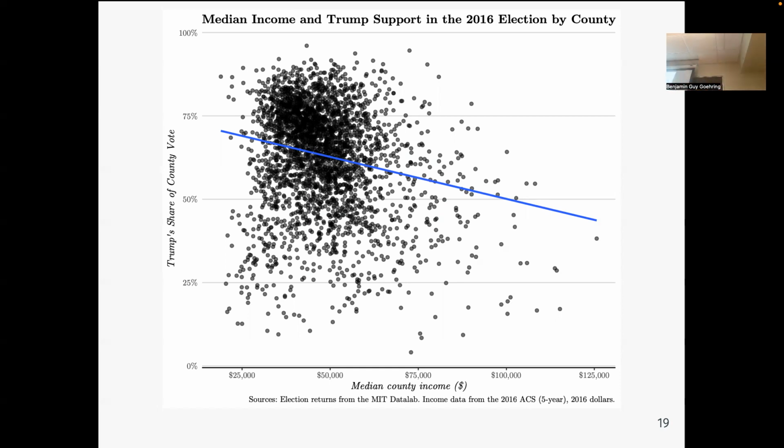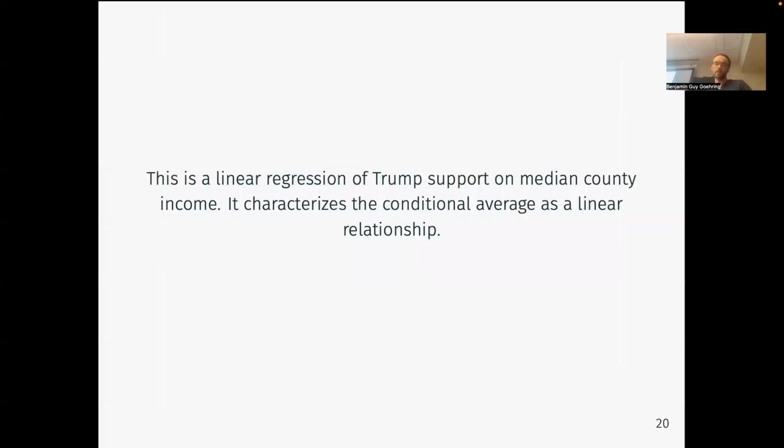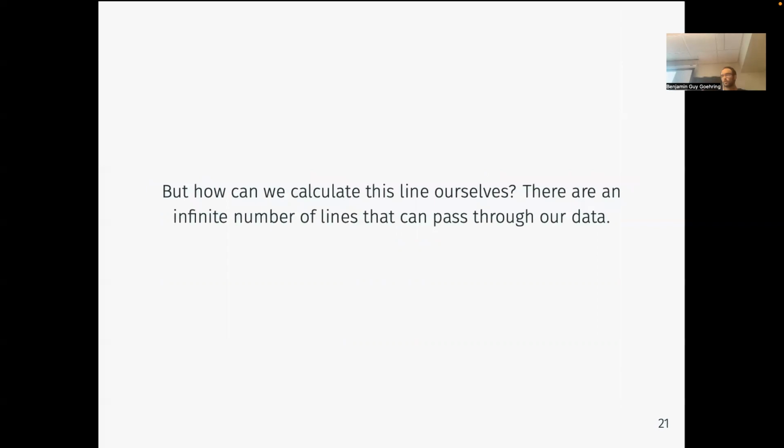We can think of the slope of this line, the rise over run, as characterizing how increasing county income correlates with share of support for Donald Trump. So that line is the linear regression line. And as I said, it characterizes the conditional average as a linear relationship. So a natural question is, where did that line come from?